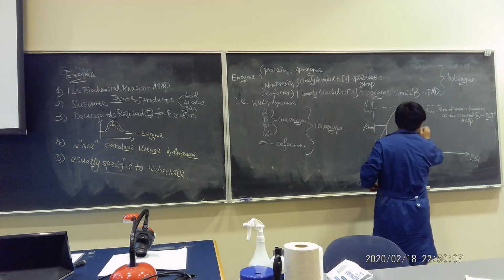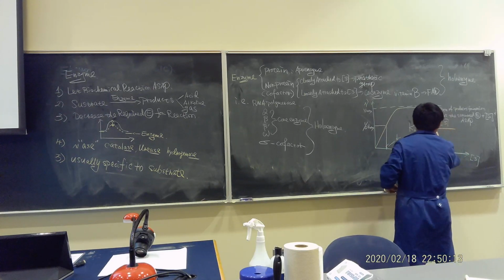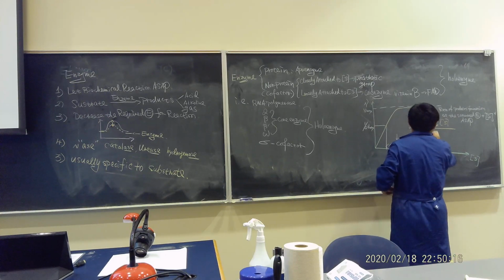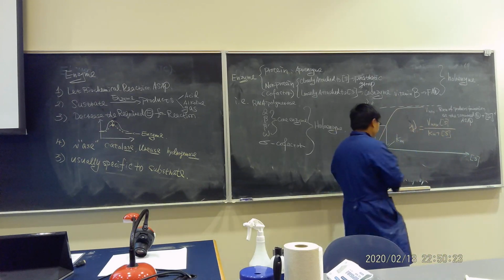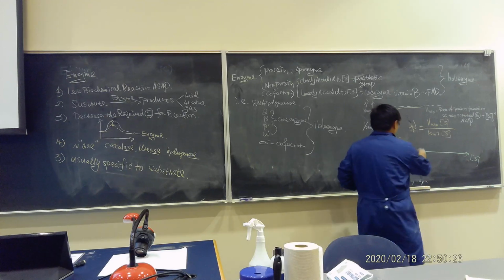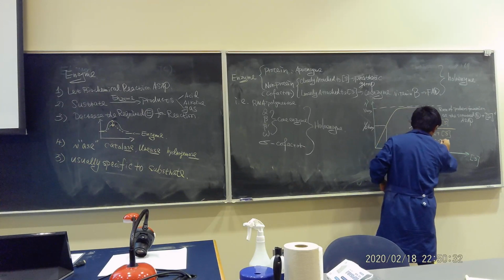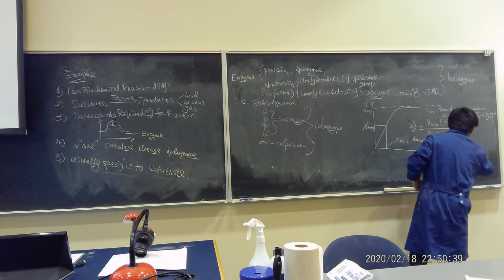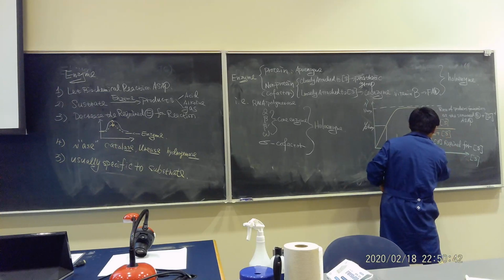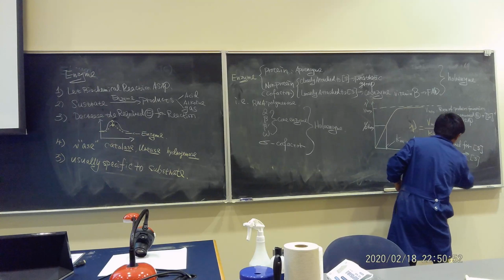The Km can be calculated as Vmax multiplied by S divided by, sorry, that's a V. Km added to S. Now, what this means, maximum reaction speed.